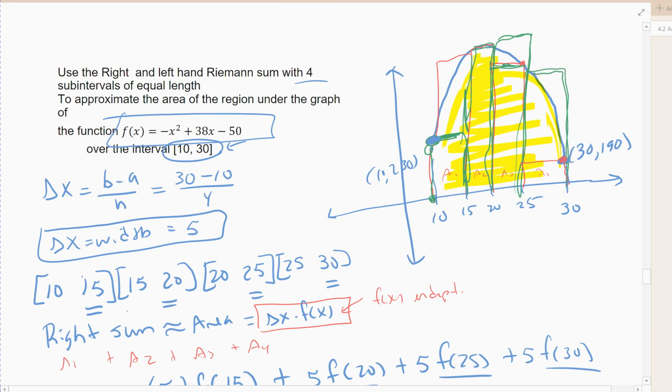Now, I do draw them out individually if you look at my guided notes filled in. But this would be the first rectangle, this would be the second, this would be the third, this would be the fourth. Alright, using the left-hand sum, again using 10, 15, 20, 25 as my heights.